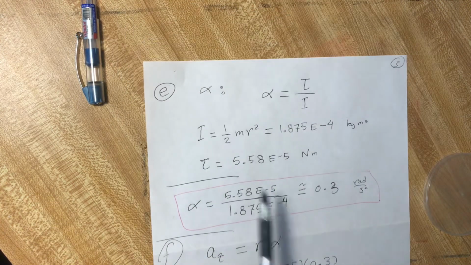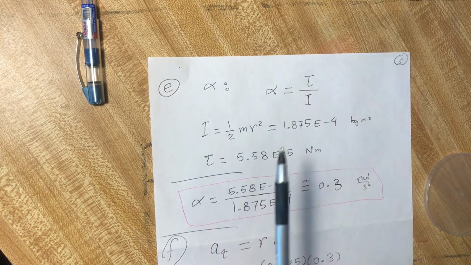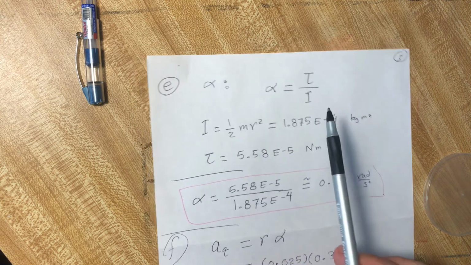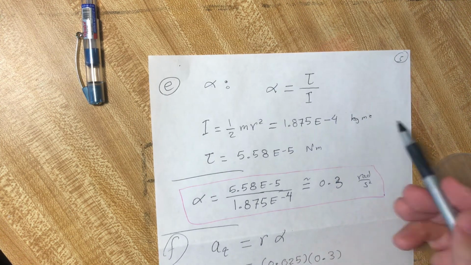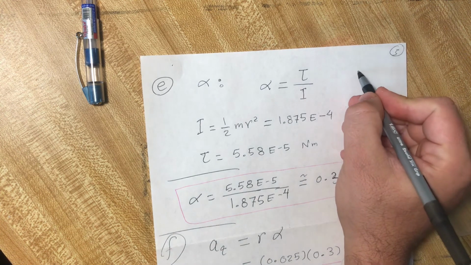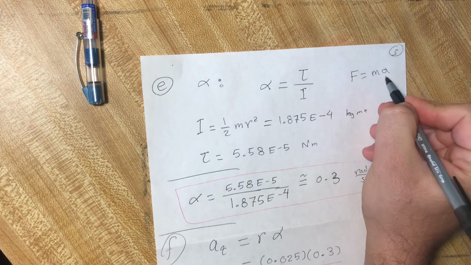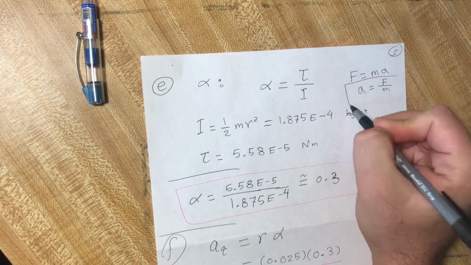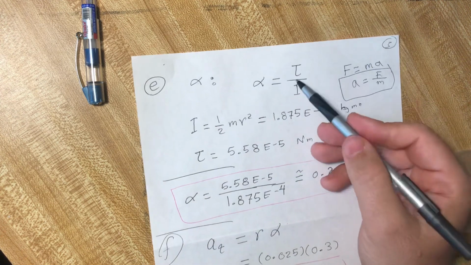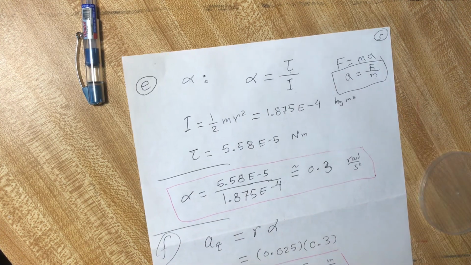I think part D will ask us about the angular acceleration, which is the torque divided by the moment of inertia. We know Newton's second law, F is equal to ma. If we need a, it is equal to F over m. F in angular motion is the torque. M in angular motion is the moment of inertia.